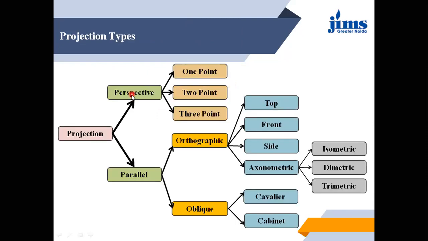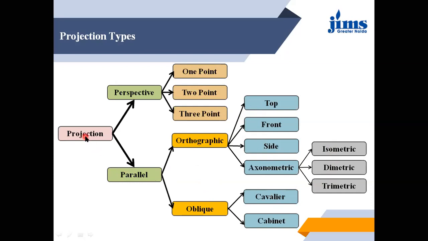We classify the projections into perspective projection and parallel projection, with 1 point, 2 point and 3 point projection, and in parallel, orthographic projection and oblique projection, whereas orthographic projection can be divided into 4 parts, axonometric projection can be divided into 3 parts, and oblique projection can be divided into 2 parts.